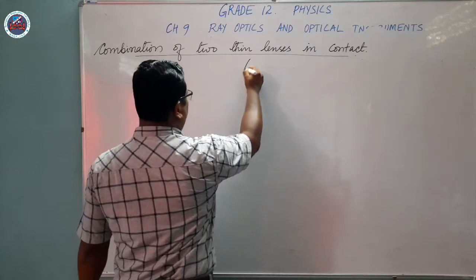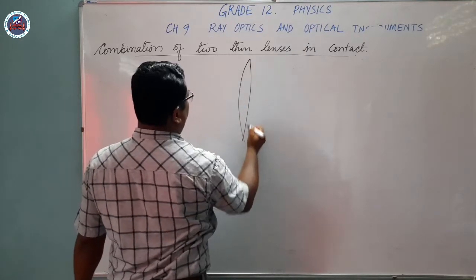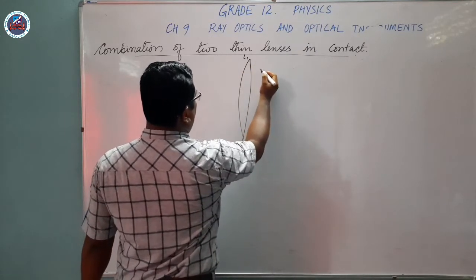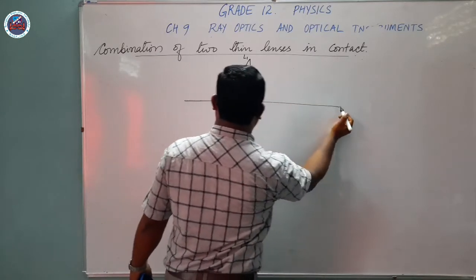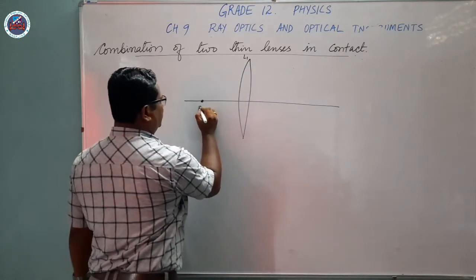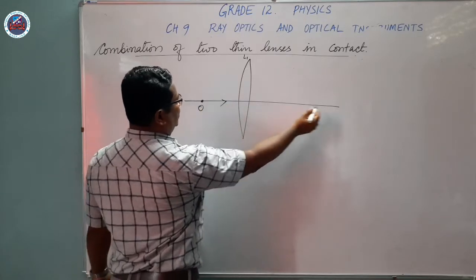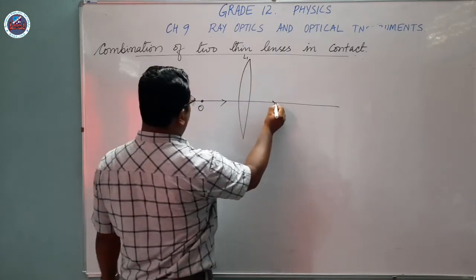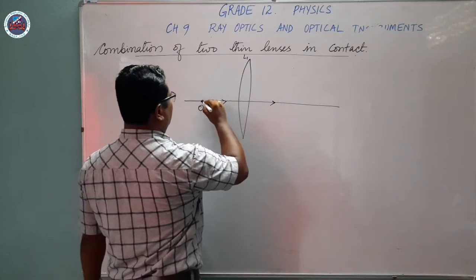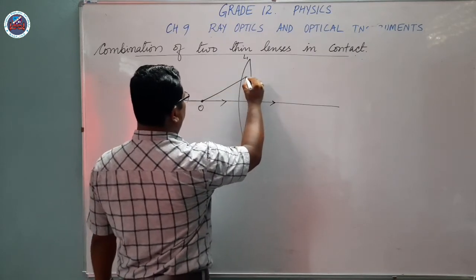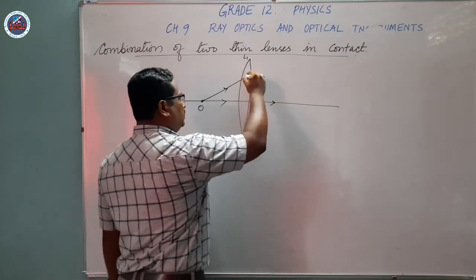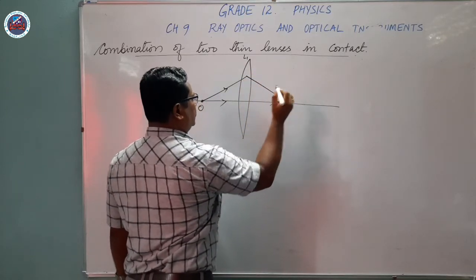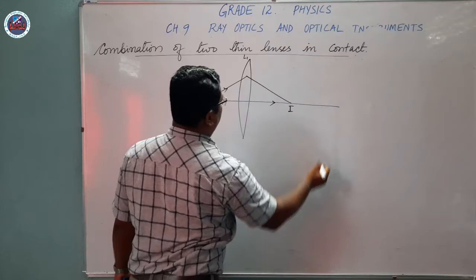Suppose these are the two thin lenses I am taking as lens 1, and lens 2 I will draw it later. So when you draw the diagram, take the object here, let the ray pass through the optical center of the first lens, it will go straight. The second ray, if I draw it obliquely, then it will converge and form an image.